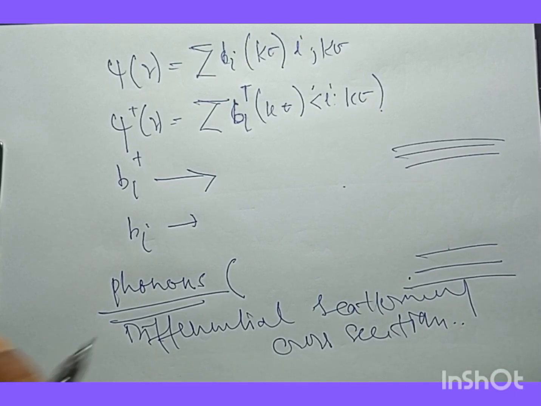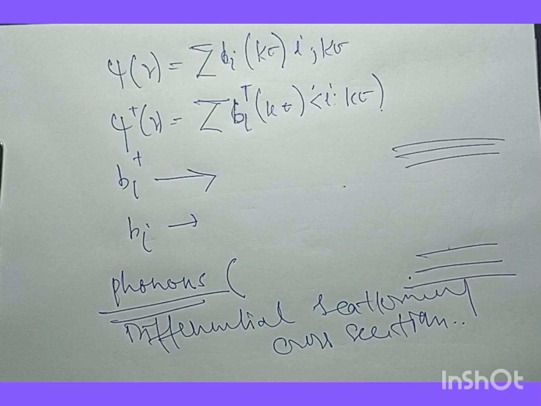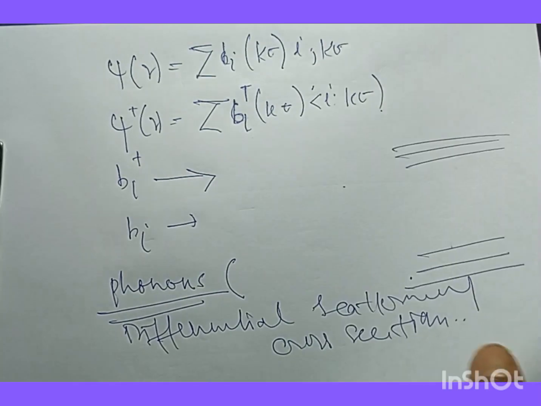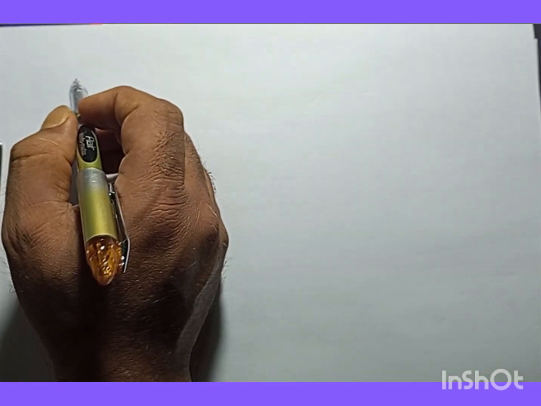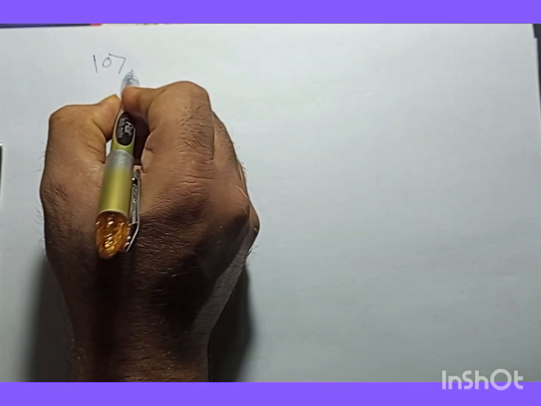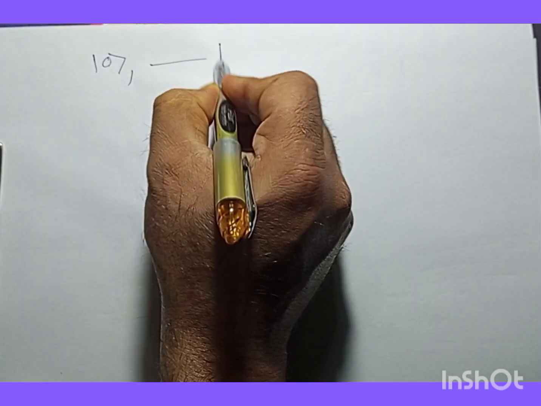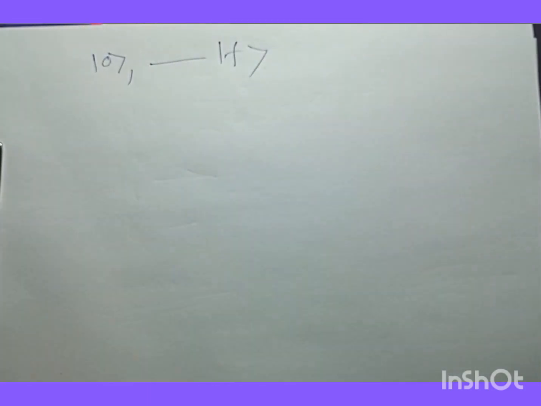Certainly, the transition probability between some initial state, ket 0, and some final state, ket f, can be written using Fermi's golden rule.